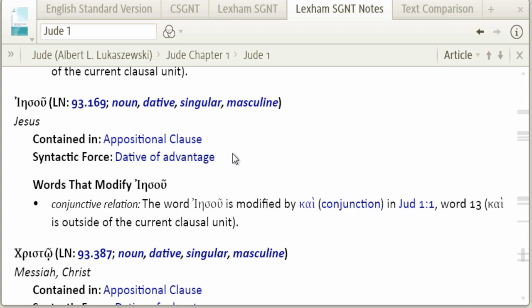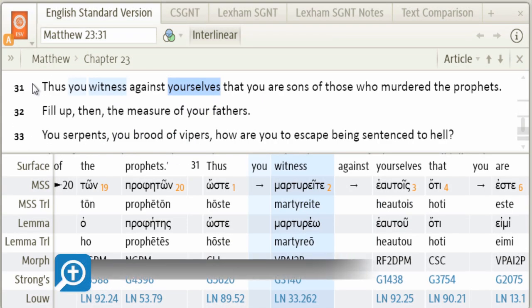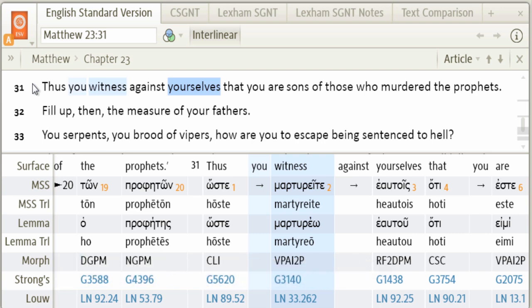Matthew 23:31 reads, "Thus you witness against yourselves that you are sons of those who murder the prophets." In this verse, Jesus points out the hypocrisy of the religious leaders, in that while they decorate the monuments of prophets who were martyred long ago, they reject God's one and only Son. Now, it's those external actions that are a witness against them.